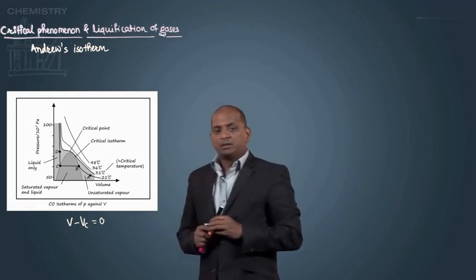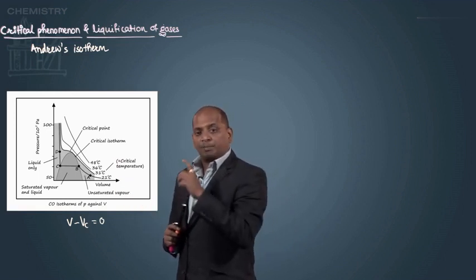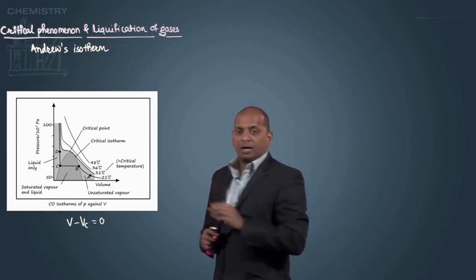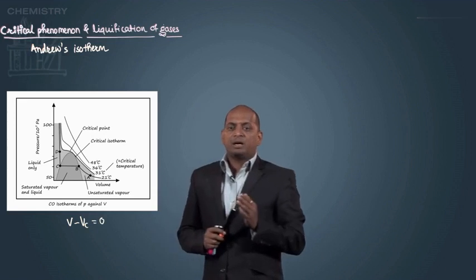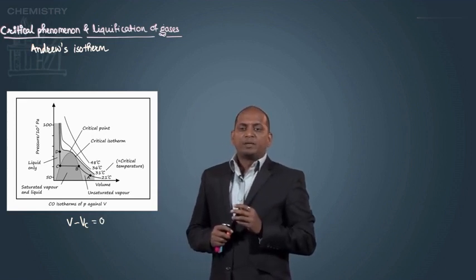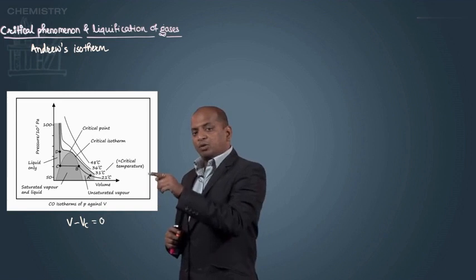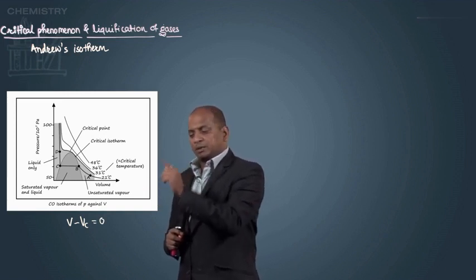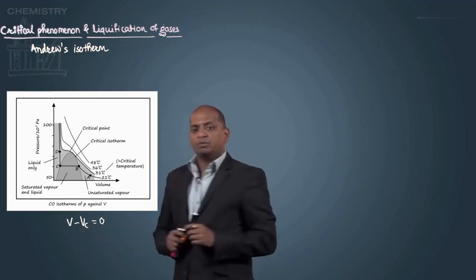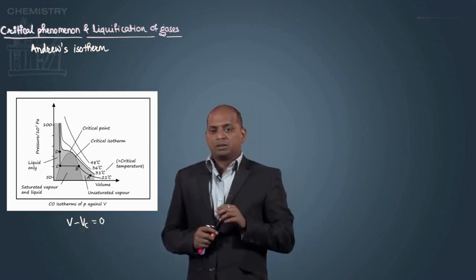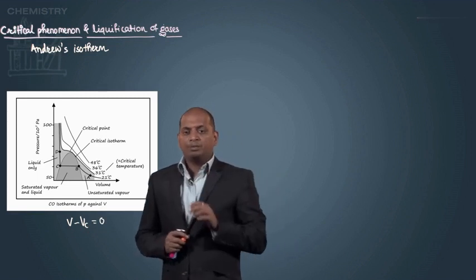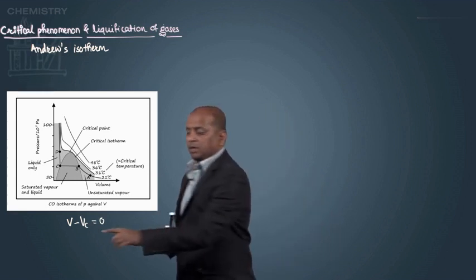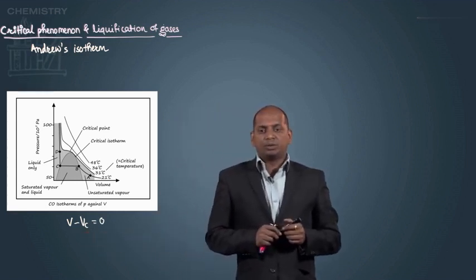Before that, the line obtained during the experiment is the metastable phase. Again there is one curve after a particular volume. If we go on increasing the temperature, you will find that at a particular temperature volume remains constant at a particular pressure, and at that time liquefaction starts. So, I can say V minus Vc is equal to 0.